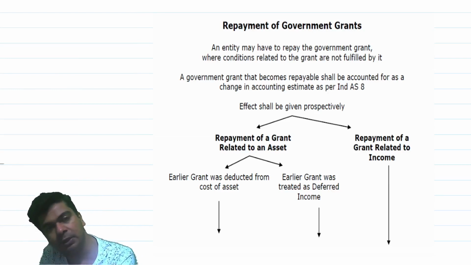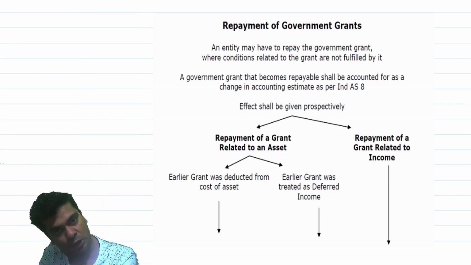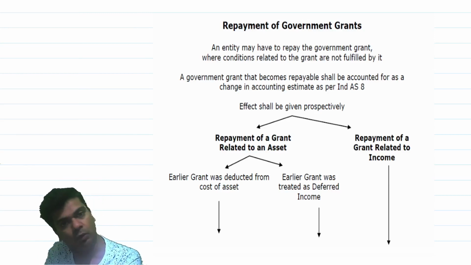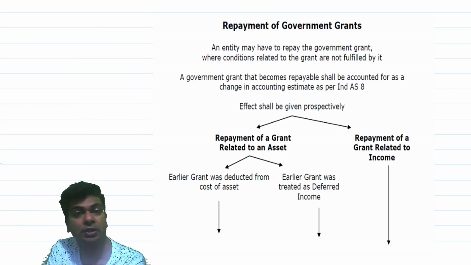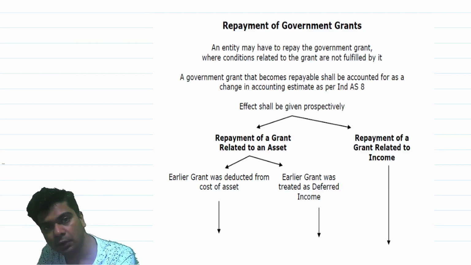It is quite possible that today you are promising the government that we will fulfill the conditions. Based on that, the government is disbursing you the grant. However, at a subsequent stage, the government discovers that the conditions which were required to be fulfilled, you are no longer fulfilling. Remember, in such a situation, the government can ask you to return back the grant.